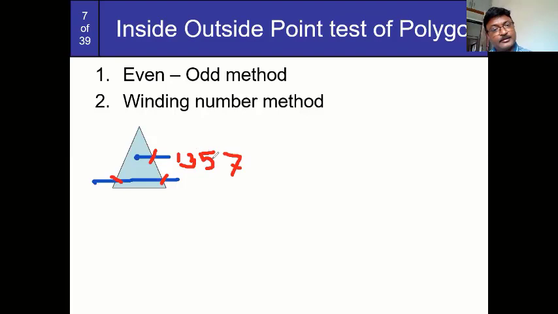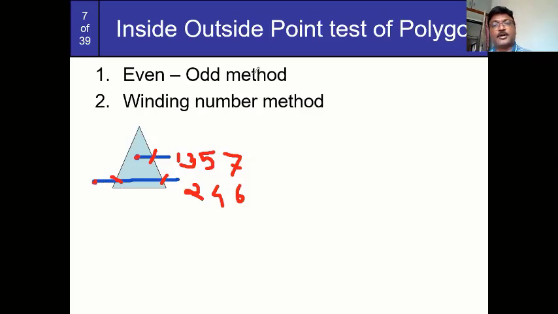Whenever the line intersects an odd number of times, you can say the point is inside the polygon. And when the line intersects 2 times, 4 times, 6 times, these are all even numbers. Then you can say the point is outside the polygon. So this is my even-odd method.